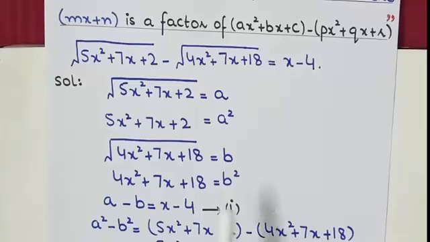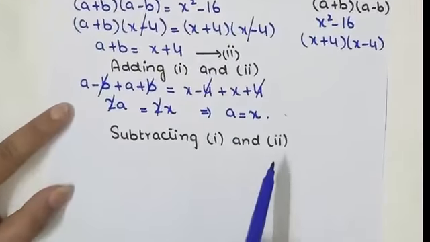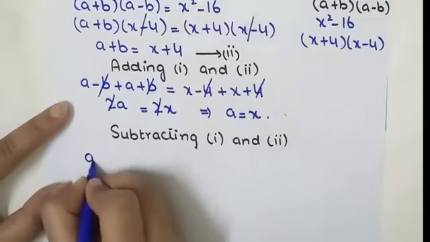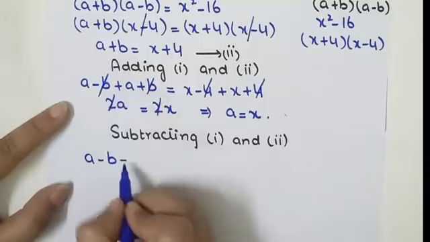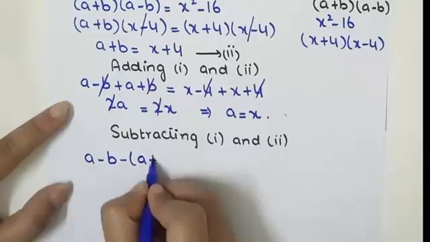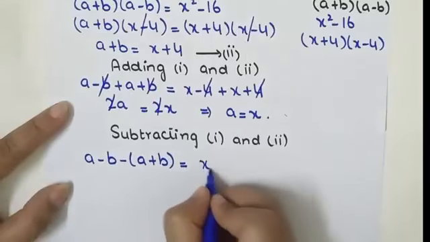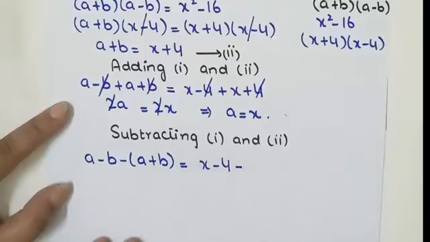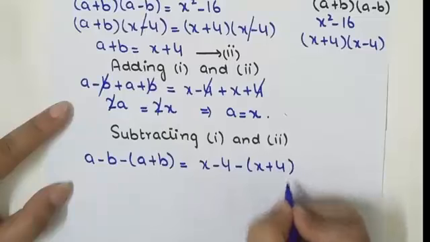So now we will find the value of b. For this we subtract equation number 1 and 2. Equation number 1 is a minus b, minus a plus b, and this is equal to x minus 4 minus x plus 4.